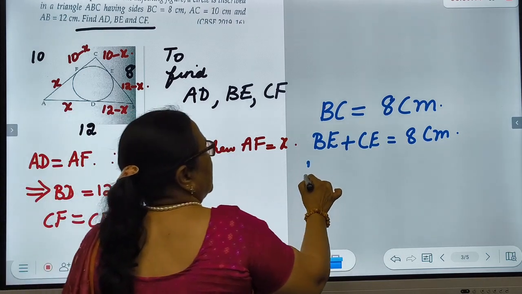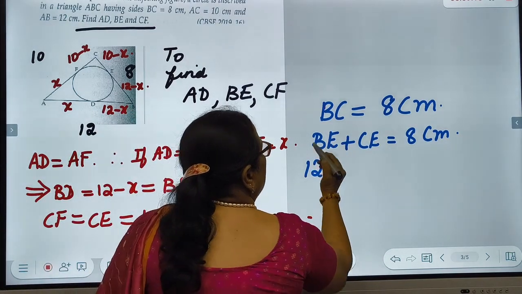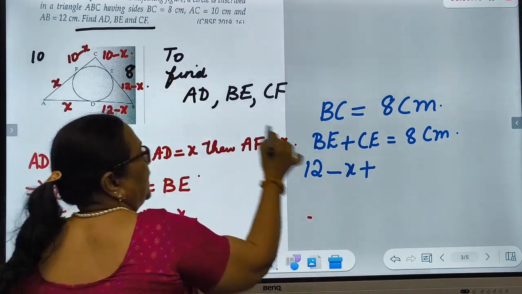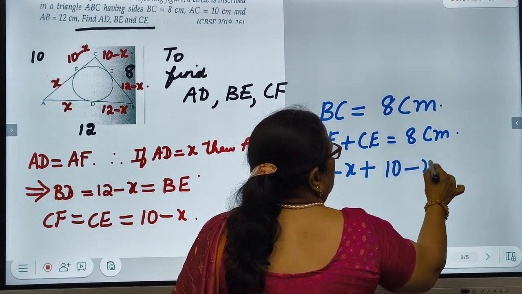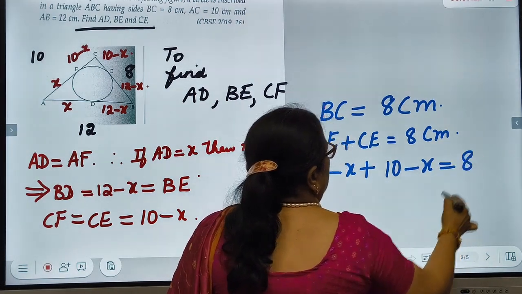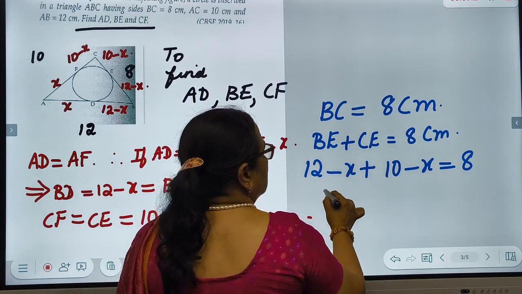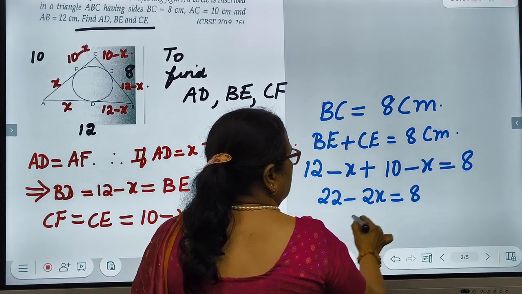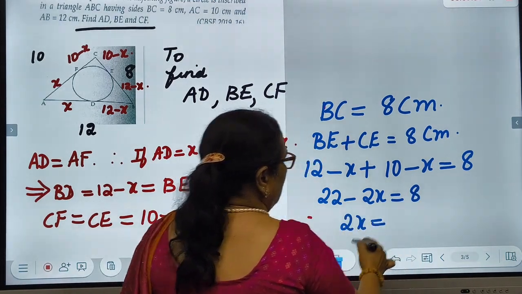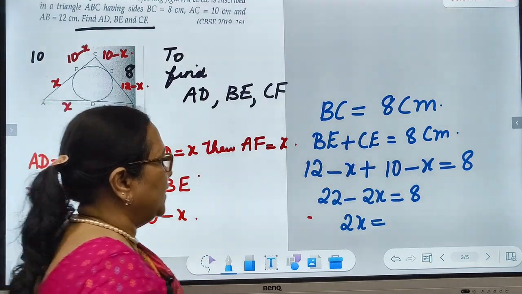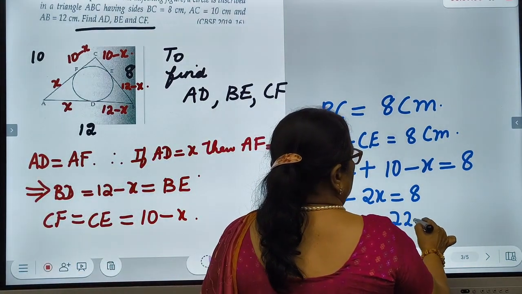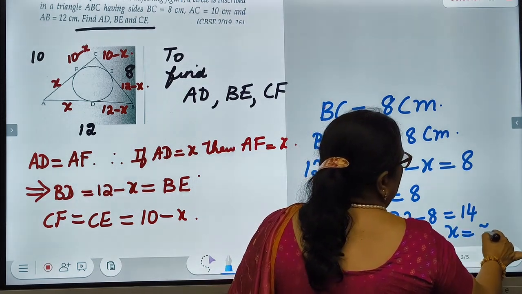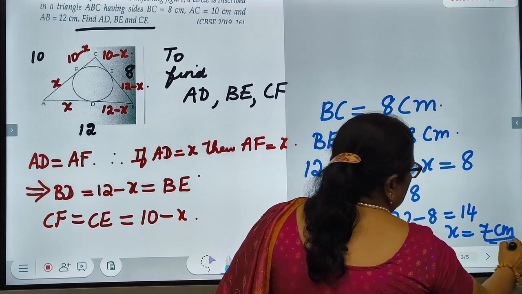BE is 12 minus X. So, 12 minus X plus what is CE? 10 minus X equal to 8. Okay. So, 22 minus 2X equal to 8. So, 2X equal to how much? 22 minus 8, which is 14. So, X is equal to 7 centimeter.